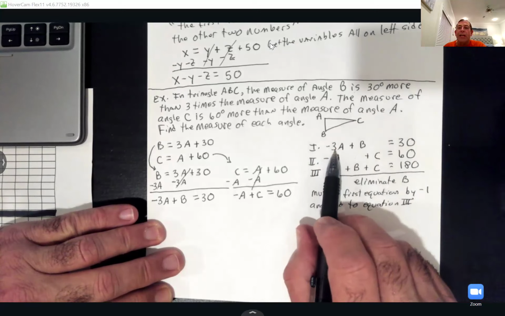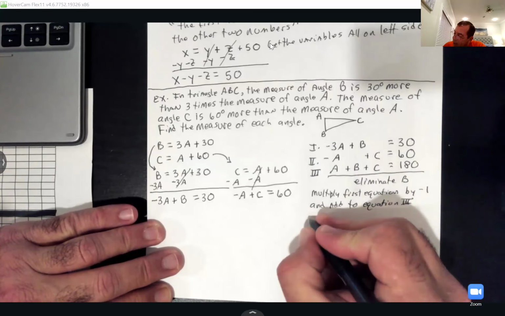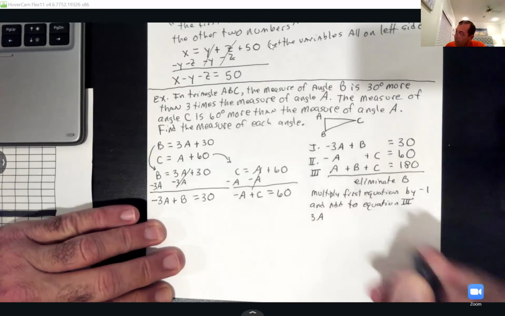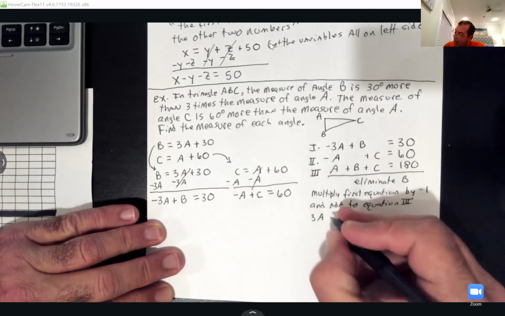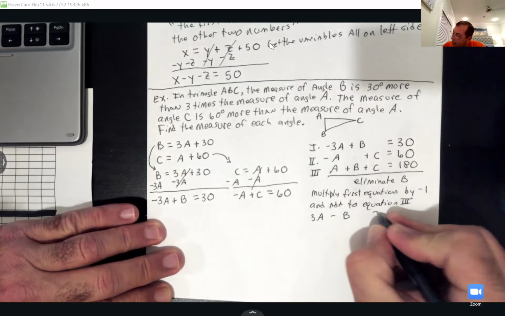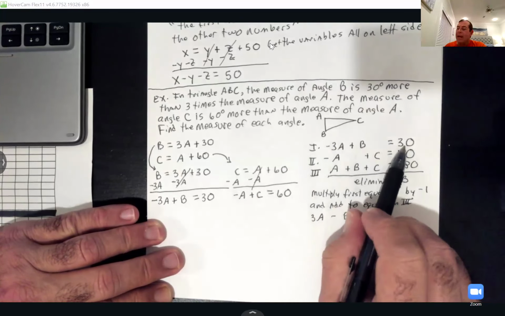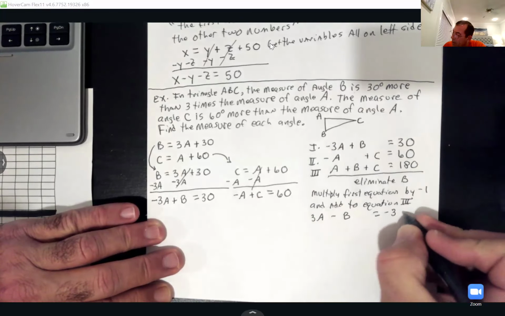So we're going to come in and multiply this whole row by a negative 1. That negative 1 is changing all the signs. Negative times negative makes that a positive 3A. Negative times positive makes that a negative B. There's no C here. But remember, a negative times 30 makes that a negative 30. So I multiplied row 1 by negative 1.